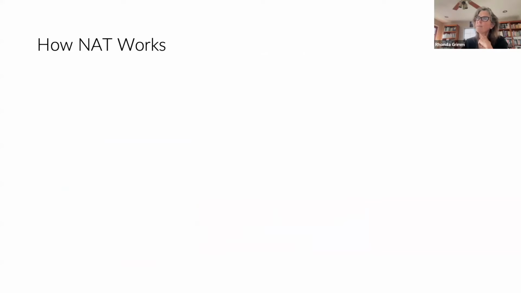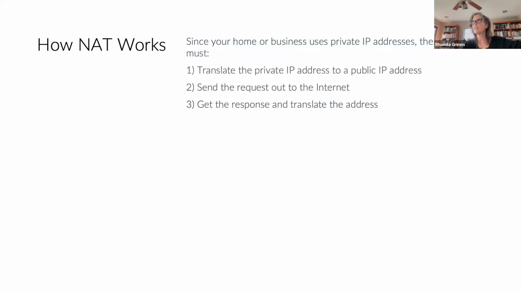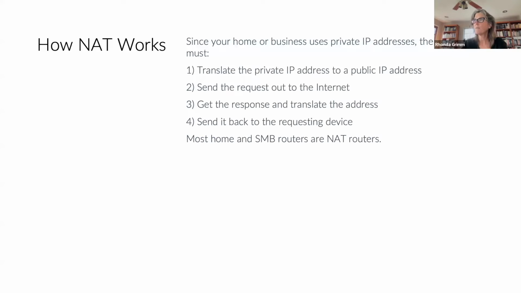So the way NAT works, since your home or business uses private IP addresses, the router is doing a lot of work. It's translating the private IP address to a public address. It's sending the request out to the internet. You get the response, translate the address, and send it back. Also, most home and SMB routers are NAT routers.